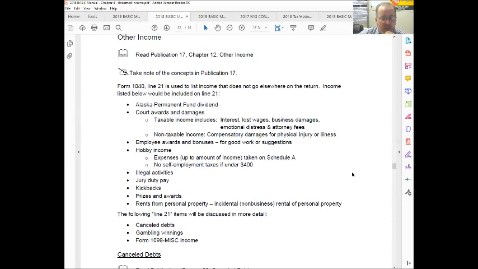Employee awards, we probably talked about that in the last chapter. The boss, I guess it's a Monday night game, offers you his suite and parking and everything else that comes with tickets to the Bills game. If that is greater than a value of $50, then you have to claim that as income.